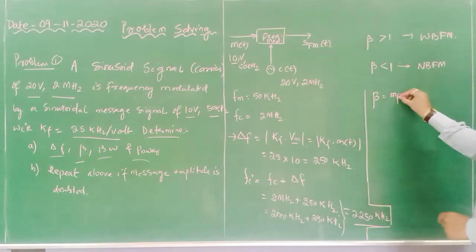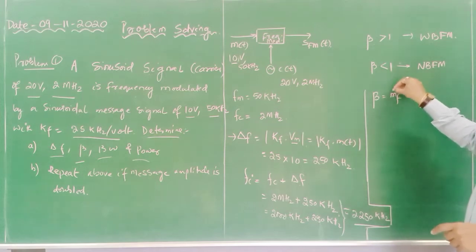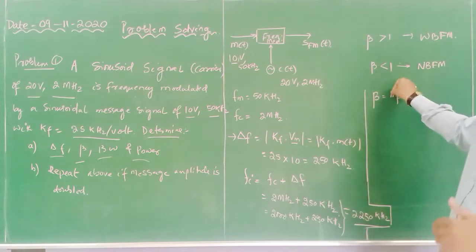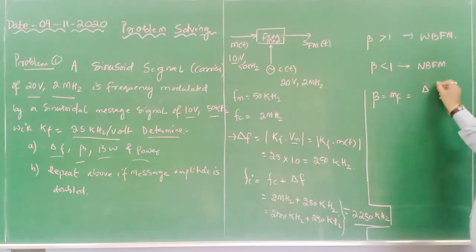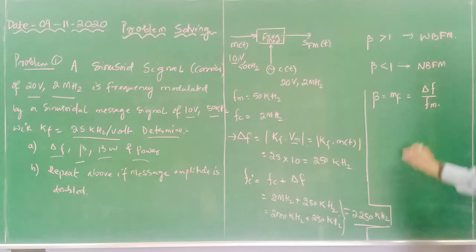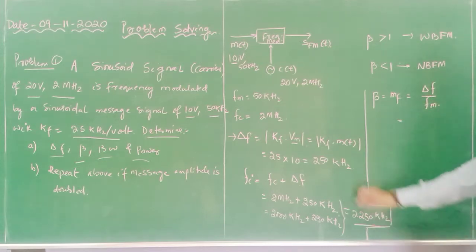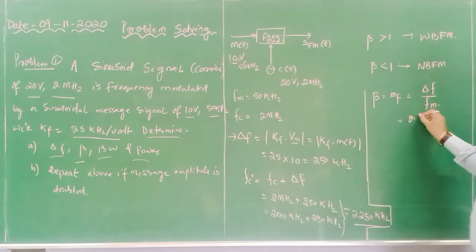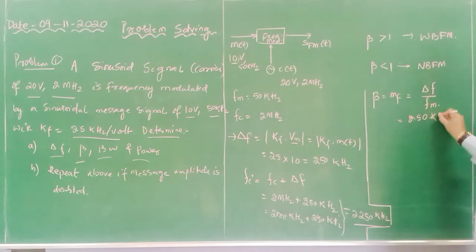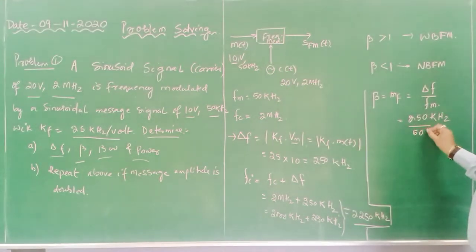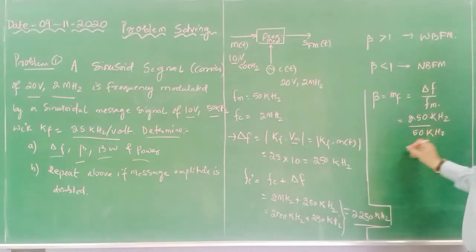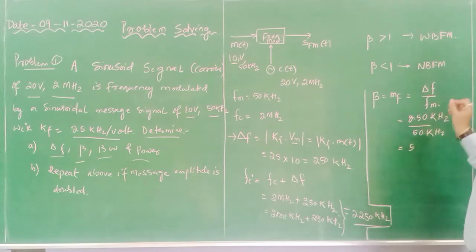For frequency modulation you write mf, for phase modulation you write mp. Beta is nothing but del f by fm. Frequency deviation is 250 kilohertz and fm is 50 kilohertz. If I solve this, I will get 5.